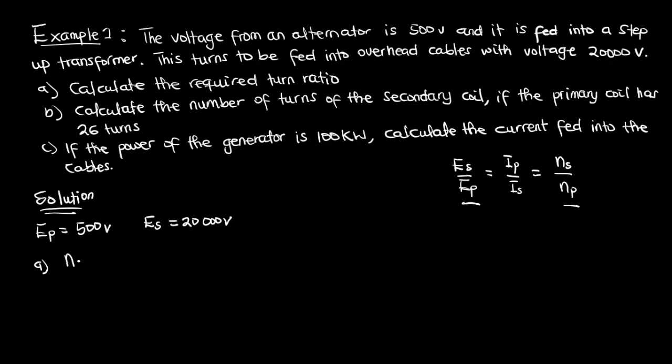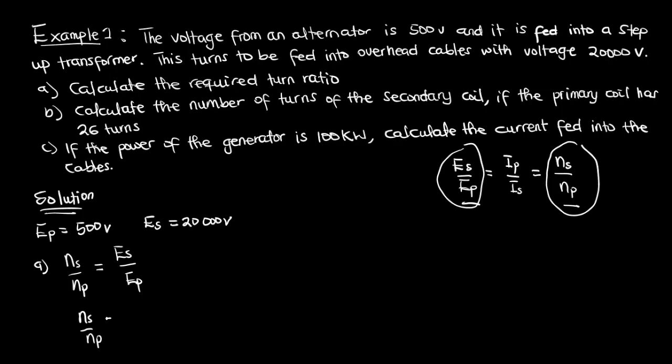So our turn ratio, NS over NP, will be equal to ES over EP. I'm just lifting it from here. So NS over NP is what we call the turn ratio, and that is what we are finding. In this case, NS over NP is equal to our ES, the secondary voltage, 20,000, divided by our primary voltage, which is 500.